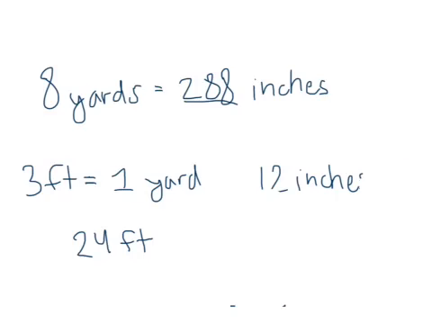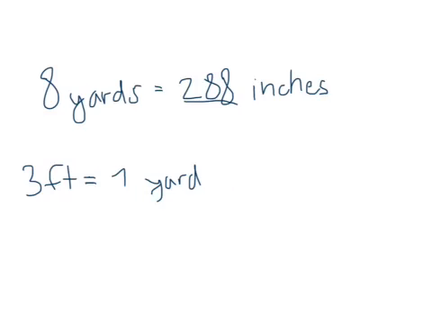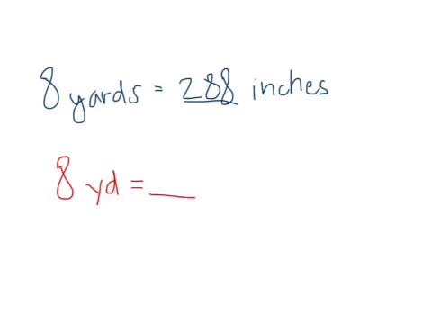Now, there's an easier way, and if you know how to do this way, you are going to be golden. Let me show you. Here's 8 yards. I'm going to put YD, my abbreviation for yards. YD equals, and you're going to do something called proportions.